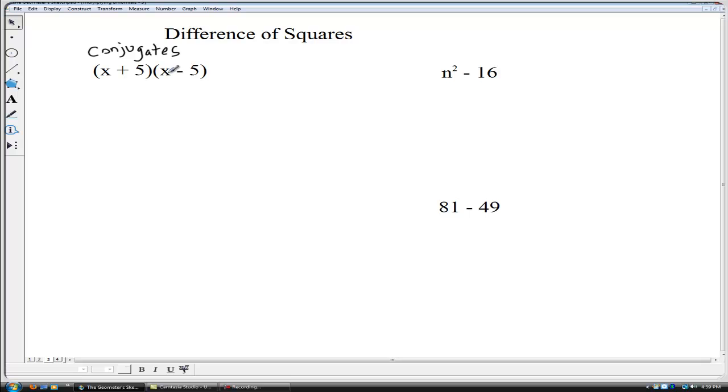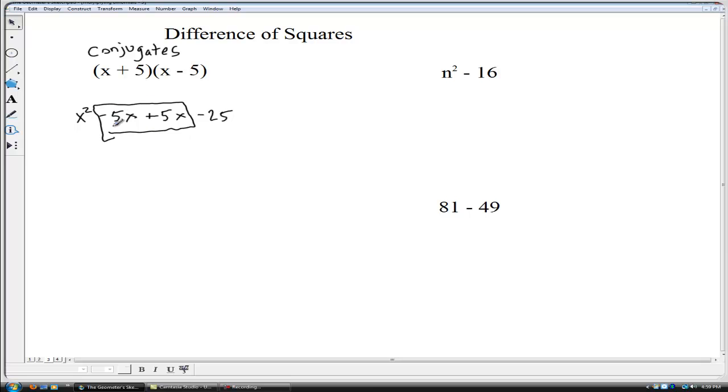Let's look at it. X times x, that's F, the first terms. X times negative 5, negative 5x, those are the outer terms. 5 times x, those are the inner terms. And 5 times negative 5 is negative 25. And now look at these like terms. They are opposites.